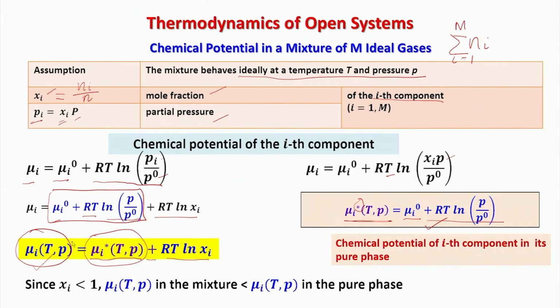Therefore, I would say that the chemical potential of the ith component in the mixture is always less than the chemical potential of the ith component in the pure phase. That is because when I have xi less than 1, RT ln xi is going to be a negative quantity. Therefore, you will take away this part from the pure phase value of mu i to give you the value of mu i in the mixture.